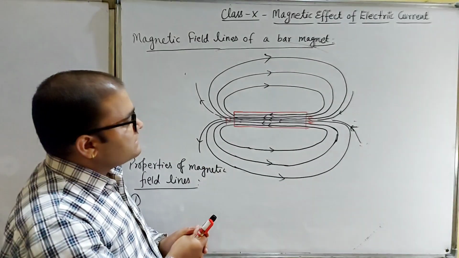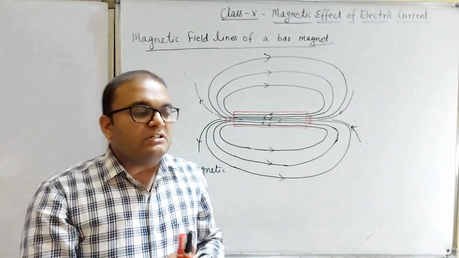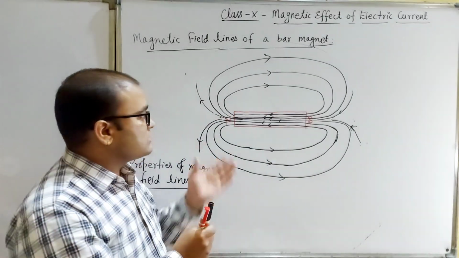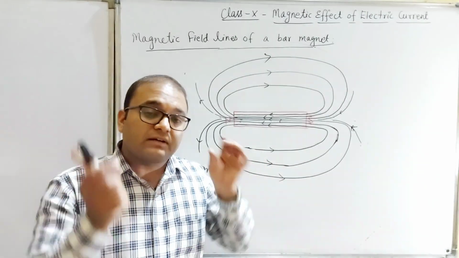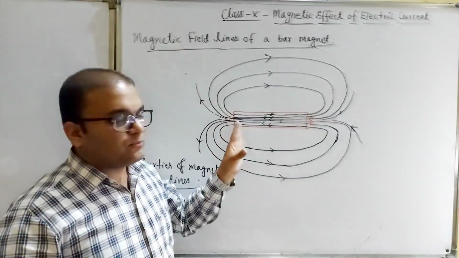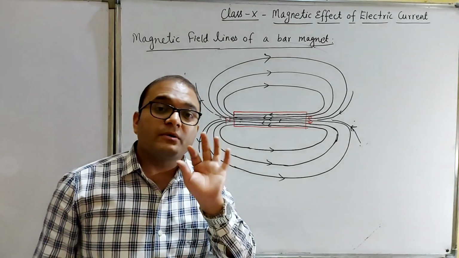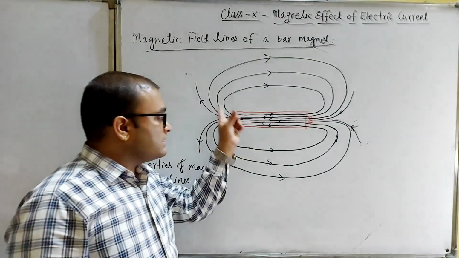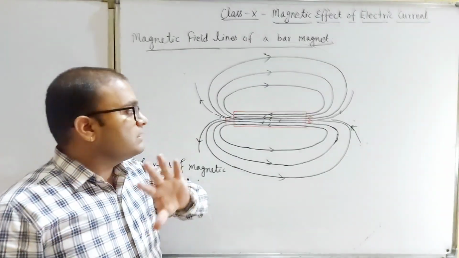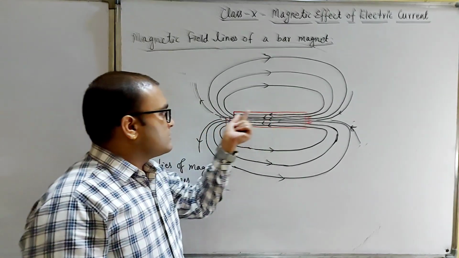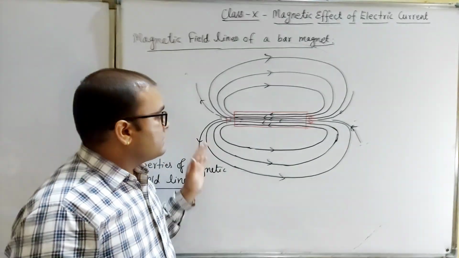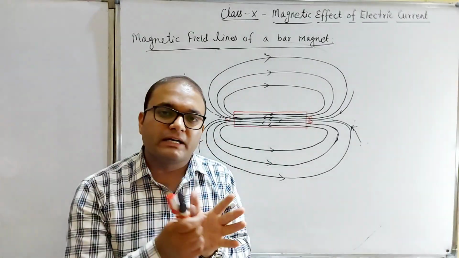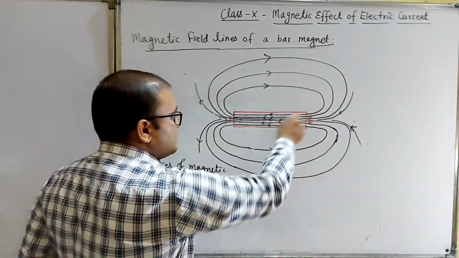So we cannot fix the emerging point and entering point, means the starting point and ending point, and we can't define properly the starting point and ending point of a magnetic field line. We can say only that outside these are from north pole to south pole, and inside these are from south pole to north pole. We can't fix the emerging point and ending point of magnetic field line because they form a closed continuous loop.